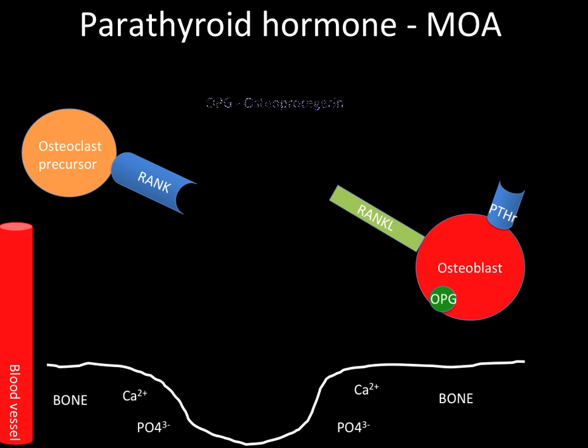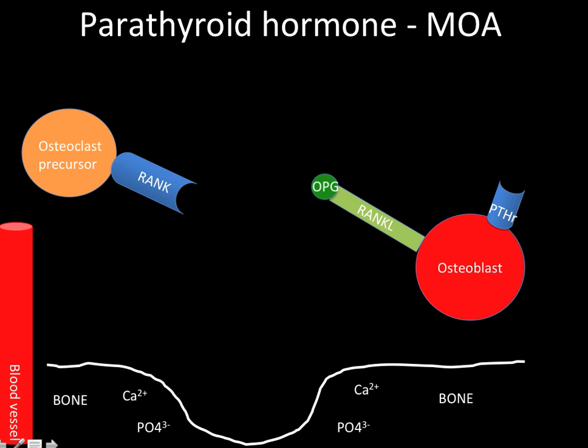And OPG stands for osteoprotegerin. And in normal states, osteoprotegerin is going to bind to RANKL, this RANK ligand, and it's going to prevent the RANK ligand from binding to RANK, its receptor. Therefore, the osteoclast precursor doesn't differentiate into an osteoclast.